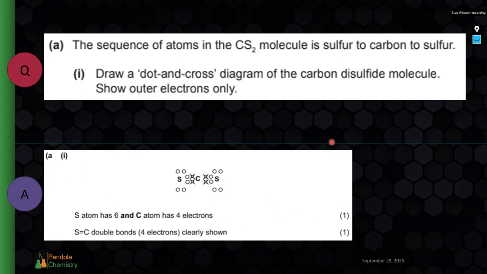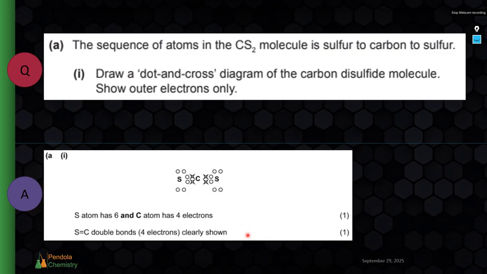And then you'll see that this question is actually worth 2 marks. Why? Even though it's one structure, you get 1 mark for sulfurs having 6 electrons and carbon having 4 electrons. So basically for the carbon having 4 X's, and the sulfur having 6 dots. This comes from being able to figure out how many valence electrons an element has based on its group.